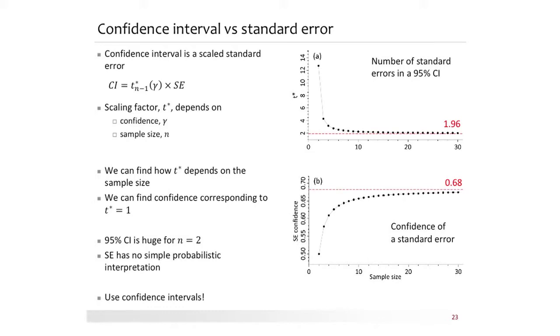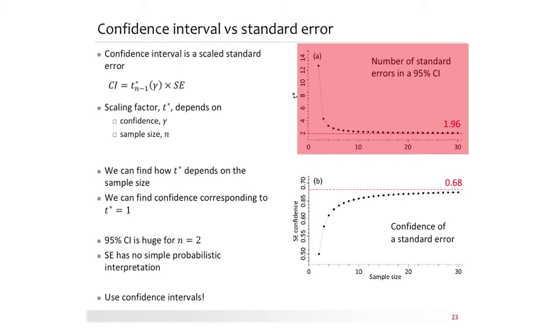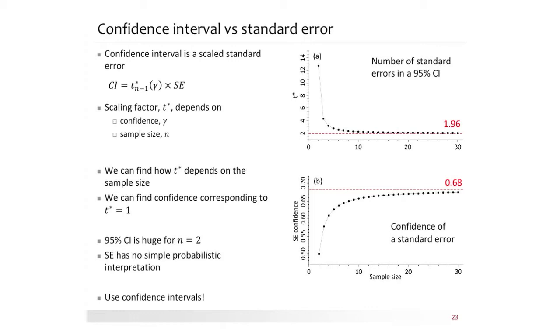And I asked you how we can find how t star depends on the sample size. So basically, how many standard errors are in the 95% confidence interval, because you multiply standard error by this function. And this is what it looks like. Now, you notice two things I want you to remember from this.